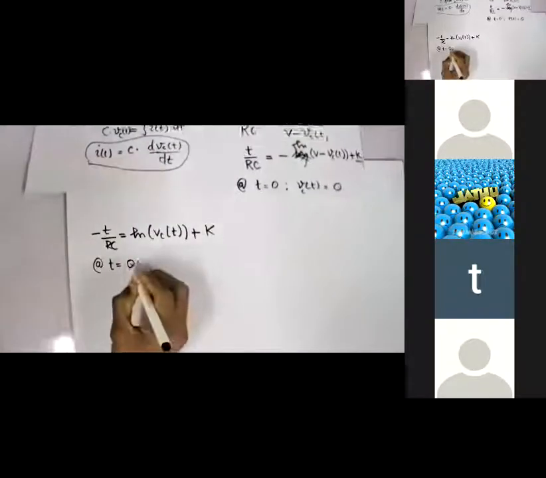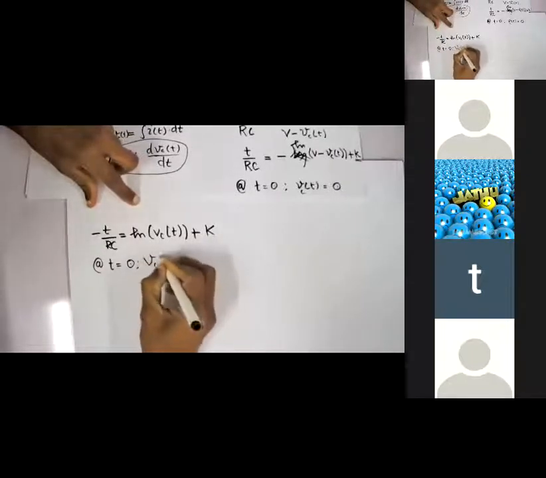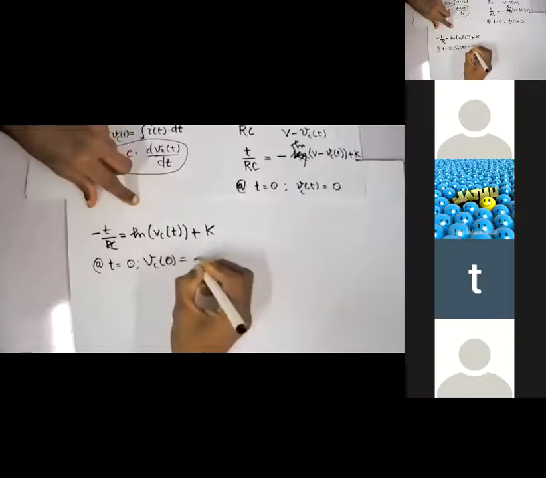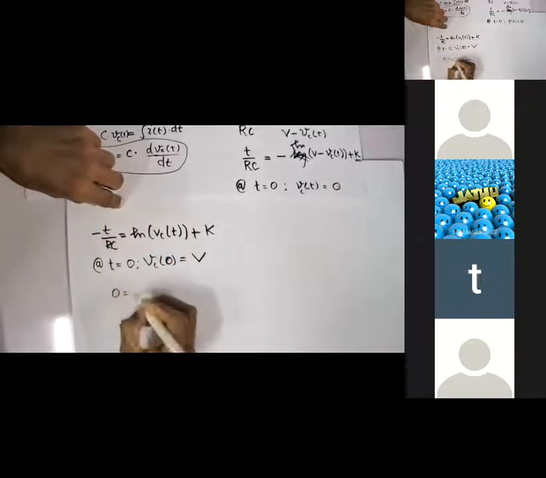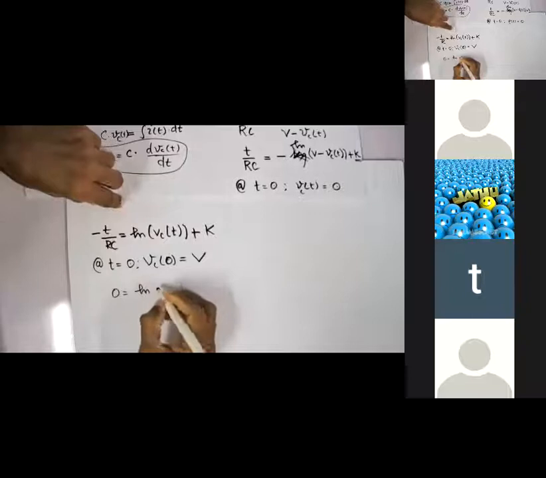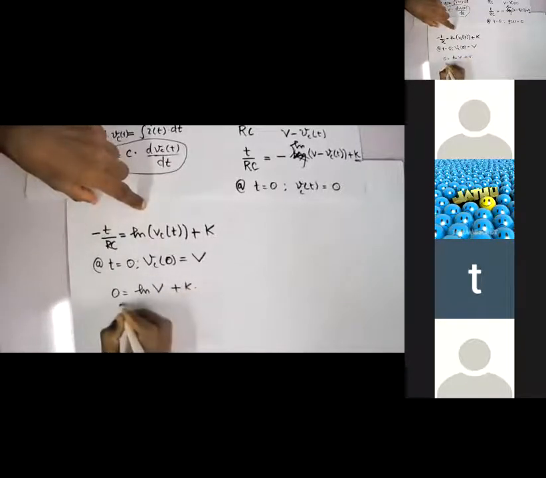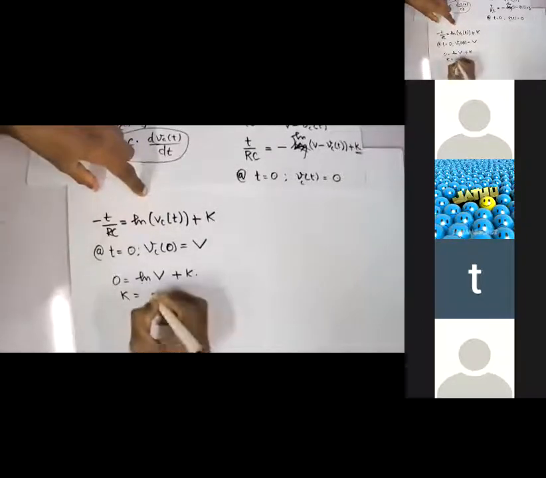So that is the difference. At t equals 0, VC of t, or VC of 0, is also equal to V. Clear? Now substitute into the equation: 0 equals ln V plus K. So what will be my K?